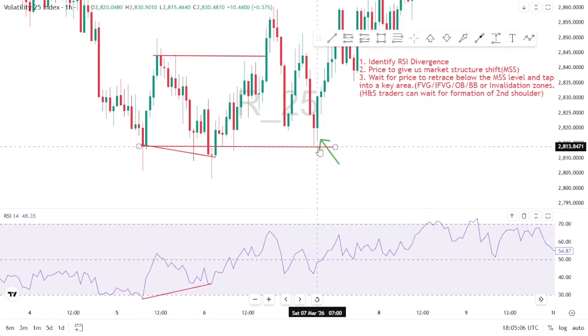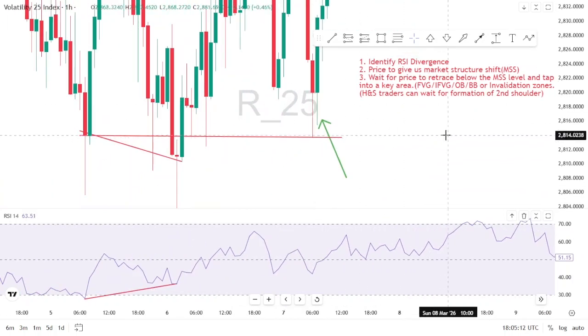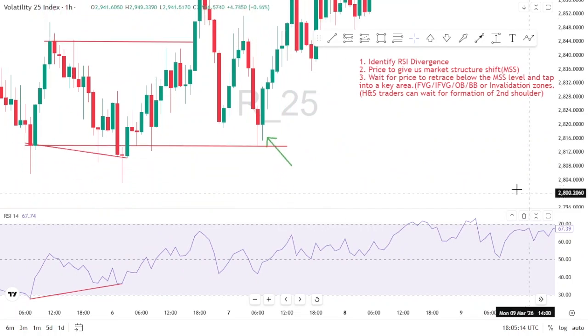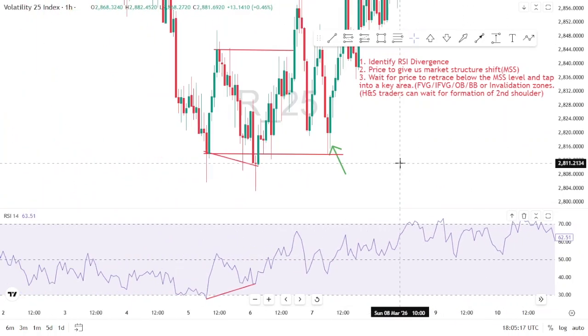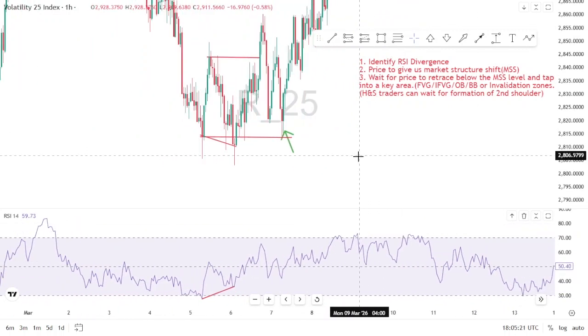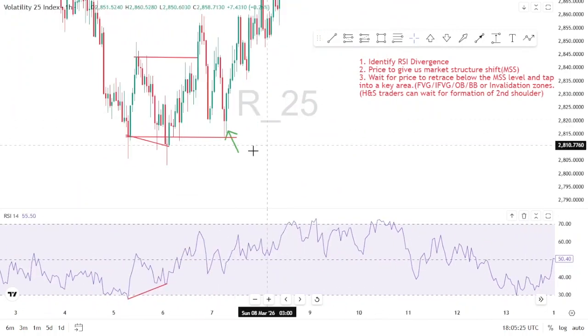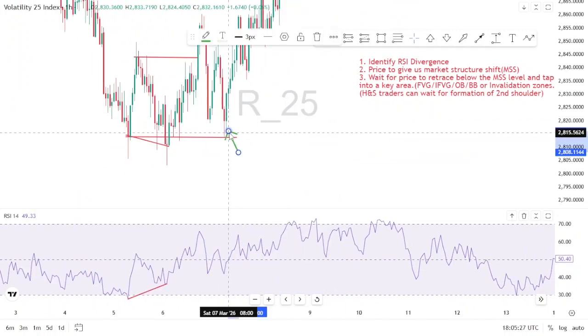So this invalidation level is where price tapped into here and gave us this bullish engulfing candle. So you can see almost all the models are represented in this setup. All of them are represented in this setup.